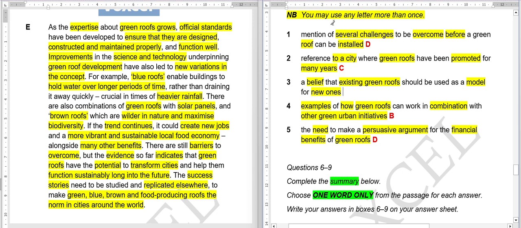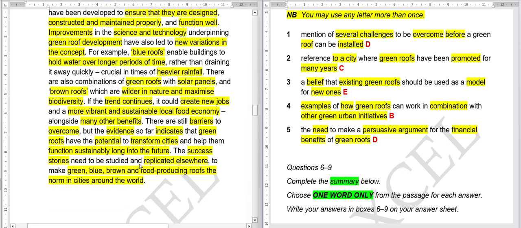Okay, time's up. First, let me write E here. So we know the answer is in E, but where? Yeah, in the last sentence itself. The success stories need to be studied and replicated elsewhere. Clear? So here they are also saying that these green roofs should be used as a model for new ones.